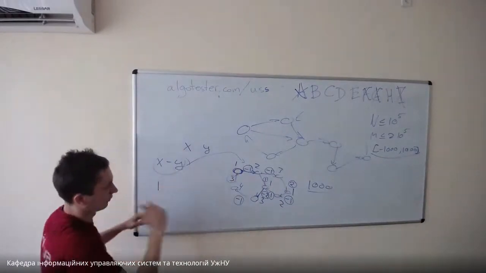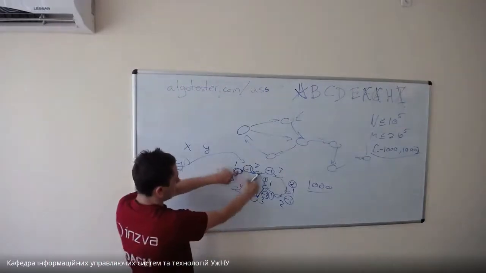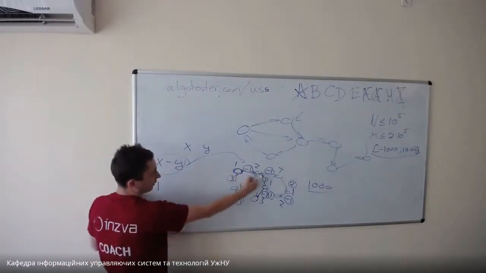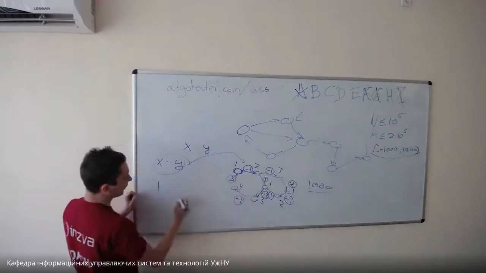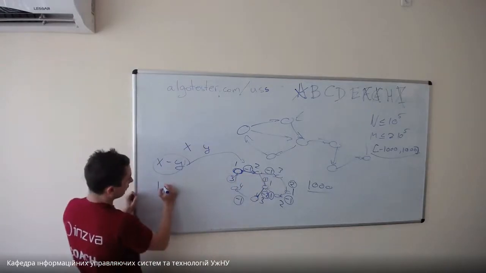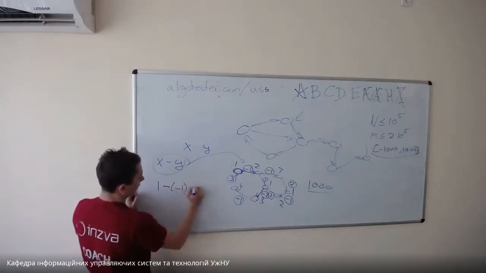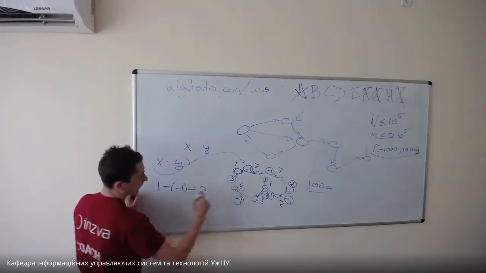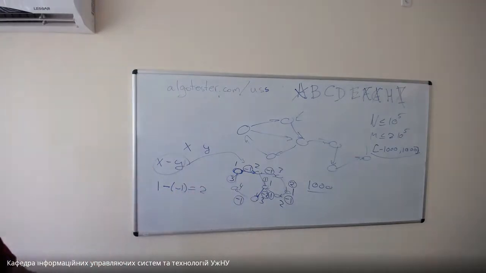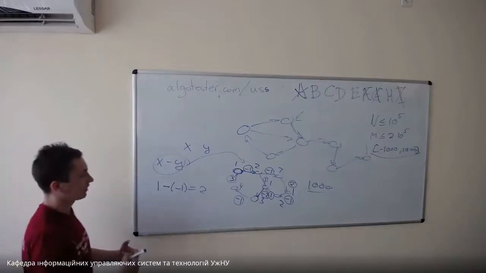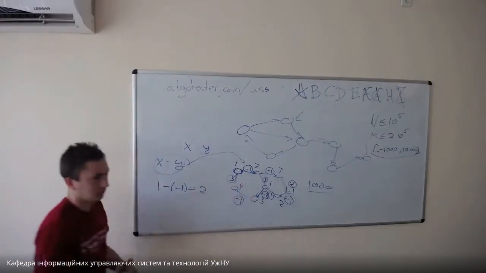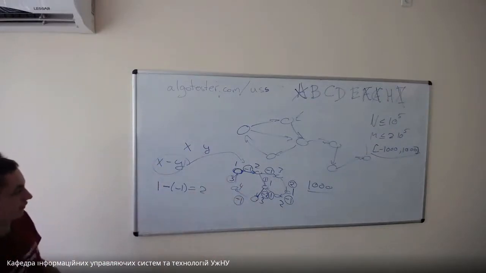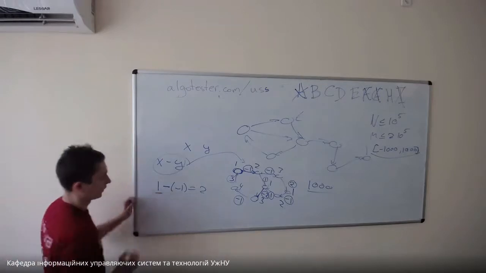And let's calculate the following. Let's go from this vertex to this vertex, and we go through an edge with weight -1, and let's subtract this -1. We're going through some cycle, and each time we go through an edge, we subtract the value of an edge from our current number.